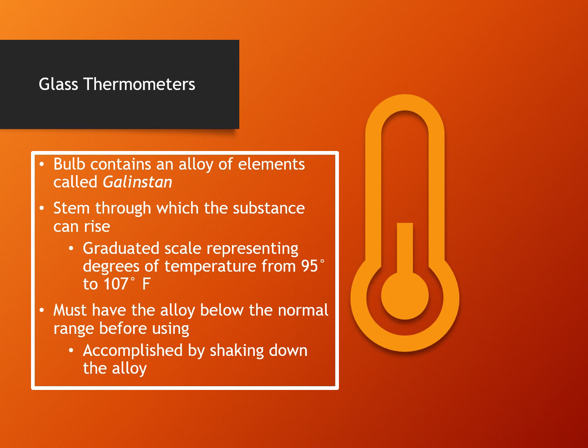This talks about the glass thermometer. Like I said, I don't even know why we talk about this, but you do have to shake it down. It rises, and so you have to shake the thermometer down.